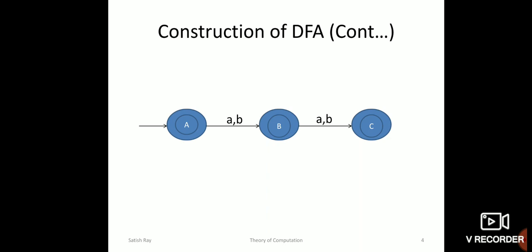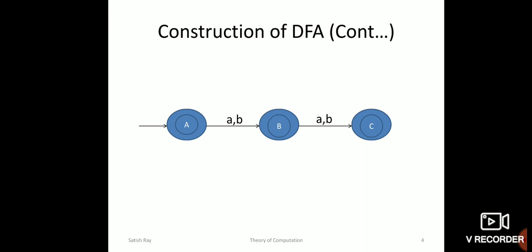So now our DFA can accept the empty string, strings of length 1, and strings of length maximum 2, but a DFA must accept all the strings that belong to the language, as well as it should reject all other strings that do not belong to this language.